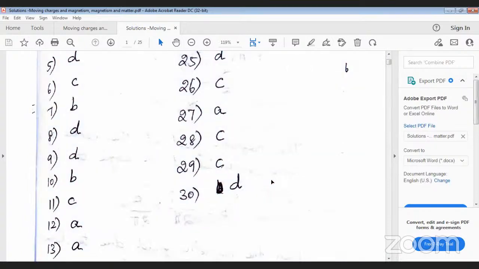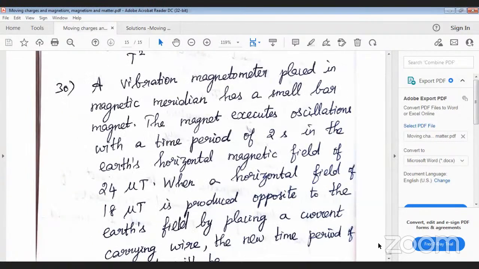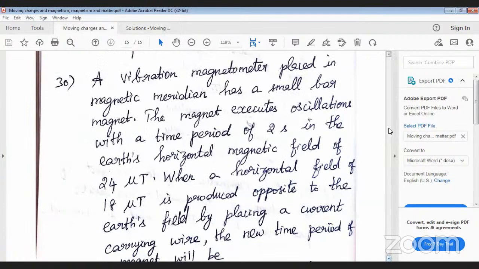I will explain how it is option D for question number 30.